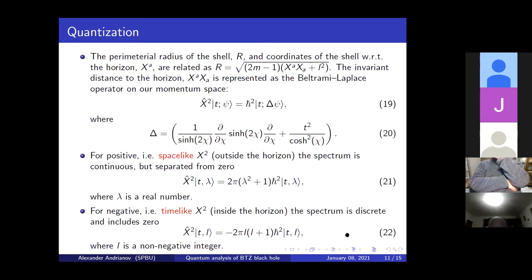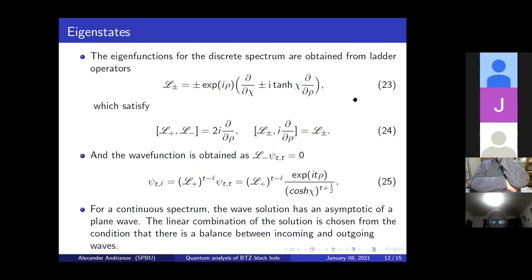And L is a non-negative integer. So, this is valid around the vicinity of the horizon, so we cannot say it is an exact result, but it is approximate within the vicinity of the horizon.